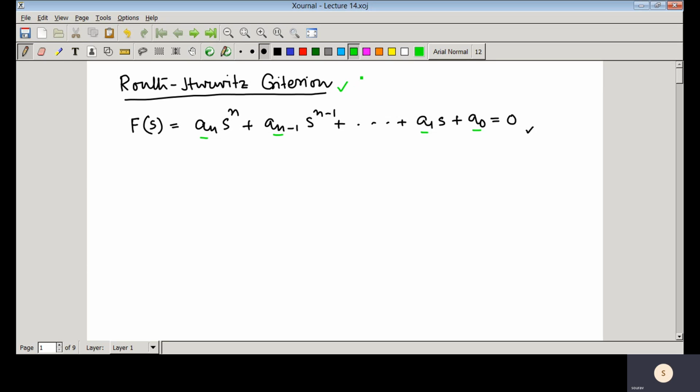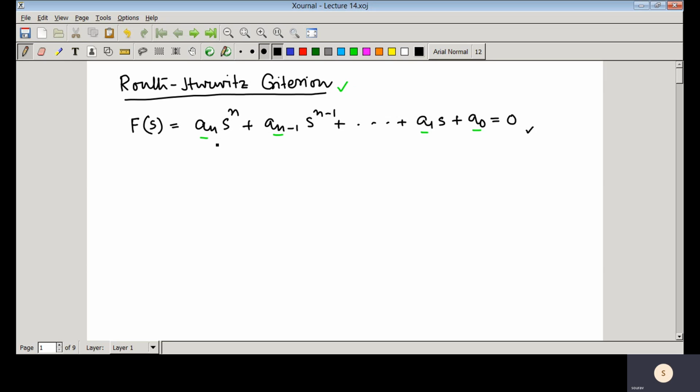So let us discuss what the Routh-Hurwitz criteria is. First of all, it has some limitations. The Routh-Hurwitz criterion can be applied only to polynomials with real coefficients, and the stability boundary is the imaginary axis; we cannot take any arbitrary stability boundary. These are the two limitations.